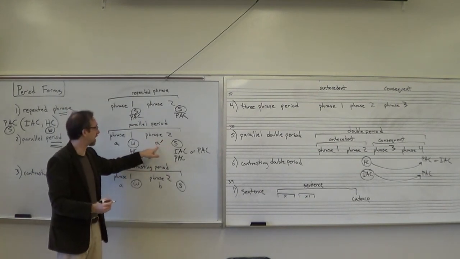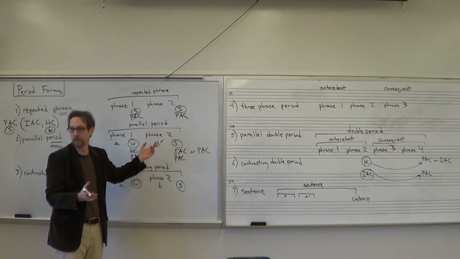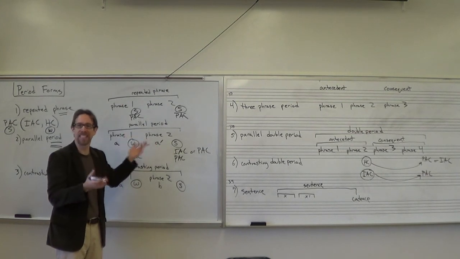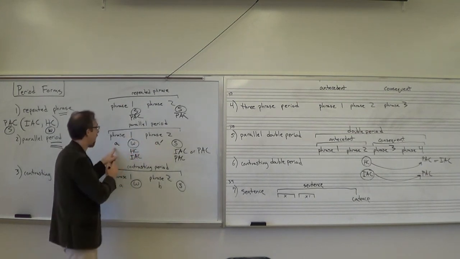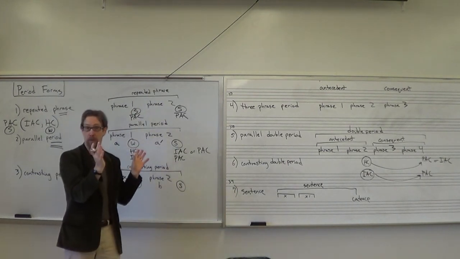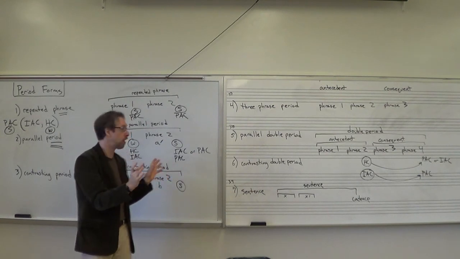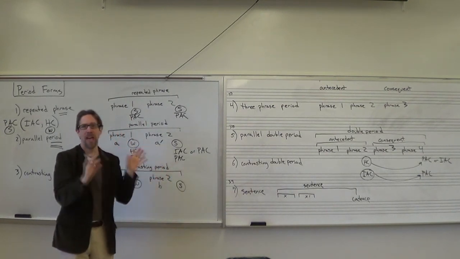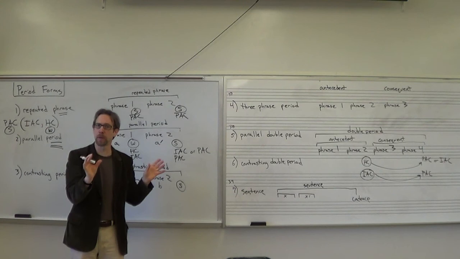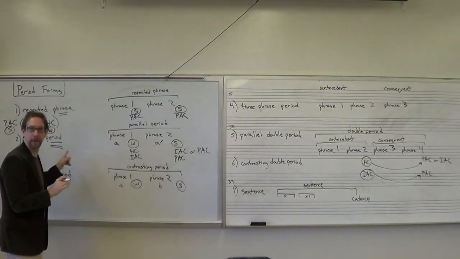What that means is it's the same material, and the prime means with some variation. But it's the same material as we had here. When phrase 1 and phrase 2 have related material, particularly at the beginning of the phrase, let me say that again because that's important. When phrase 1 and phrase 2 have the same or very similar material at the beginning of the phrase, we call that a parallel period.